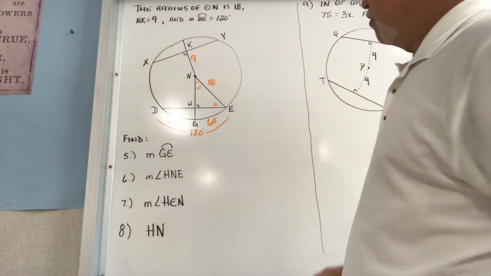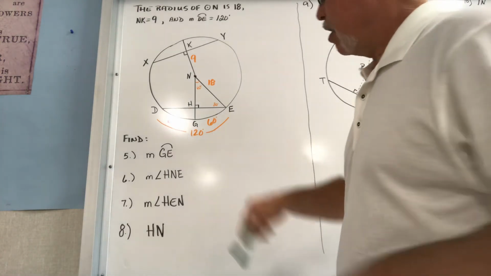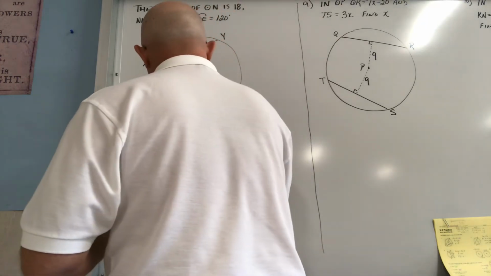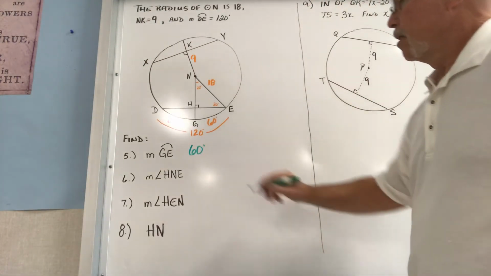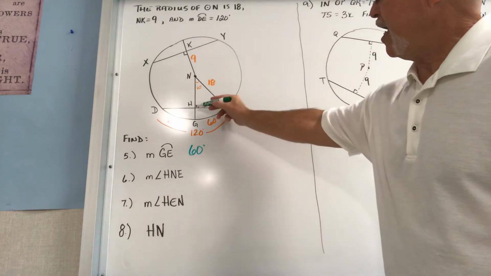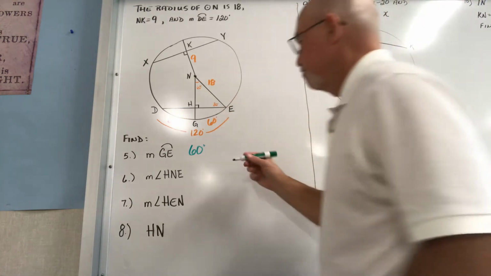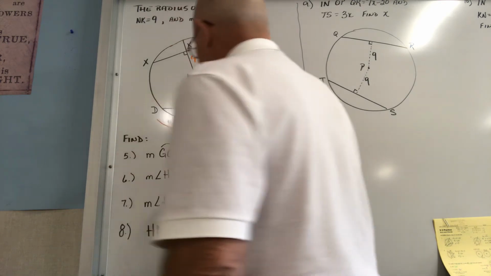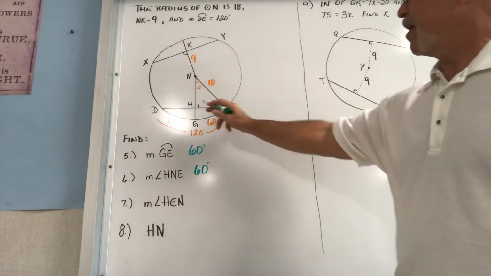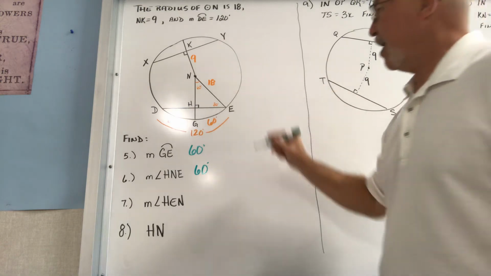So now we can find our information. The measure of GE. We know that. The measure of angle HNE. The measure of angle HEN.